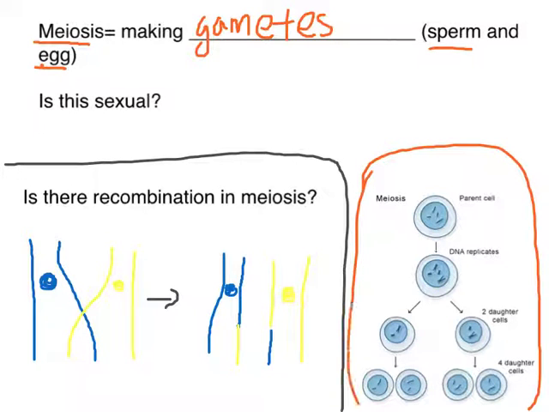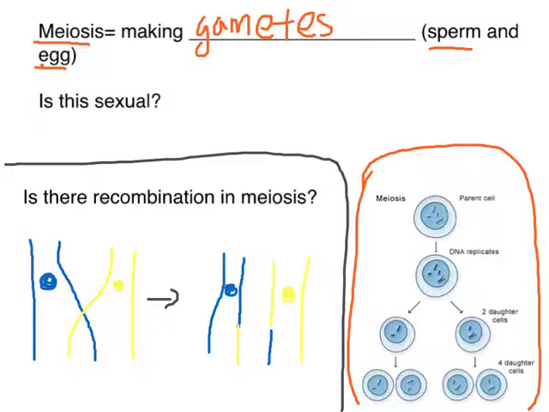Now look at this process. You start with a parent cell. It goes through DNA replication, but this time, unlike mitosis, you go through two cell divisions and end up with four baby cells. These baby cells are not identical to the original, but they are coming from one parent organism, one parent cell.